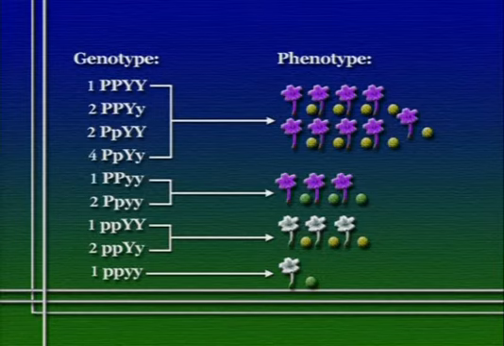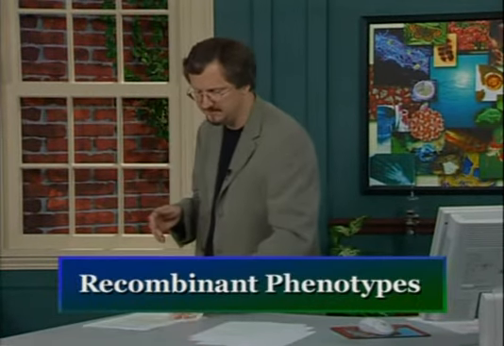The key point is to realize that 2 of these phenotypes are completely new, in the sense that they never occurred in the parental generation. Specifically, the purple flower color, green seed color phenotype, and the white flower color, yellow seed phenotype, represent combinations of traits that we had never seen before. We call these new combinations of traits recombinant phenotypes.